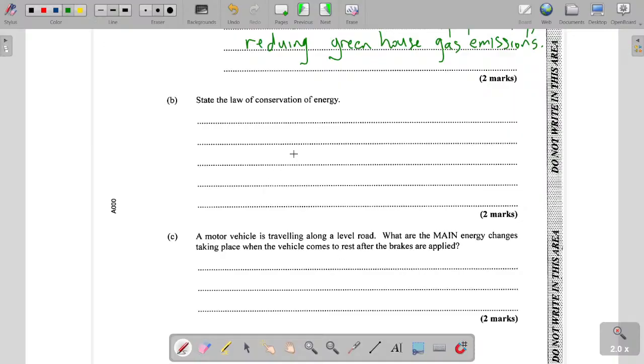Next question asks us to state the law of conservation of energy, and this is a simple question here.